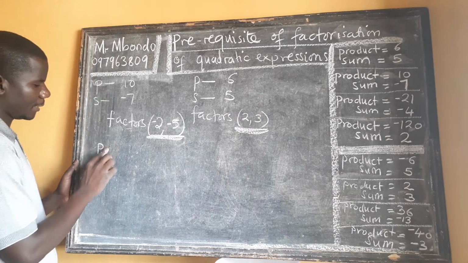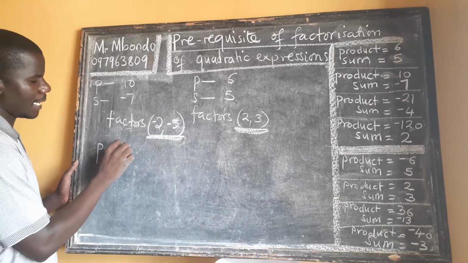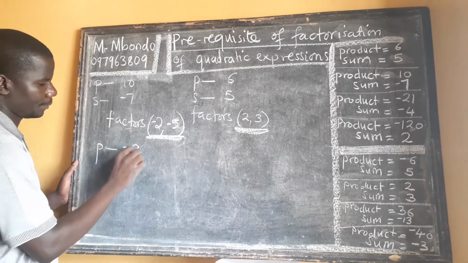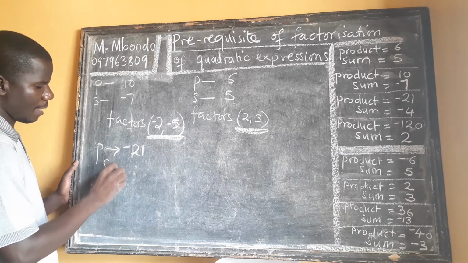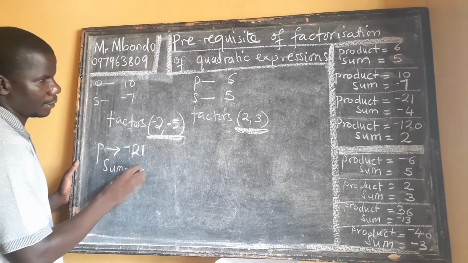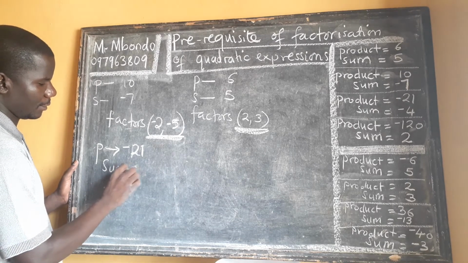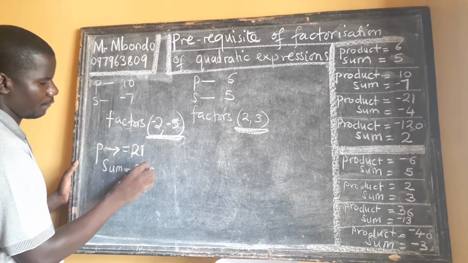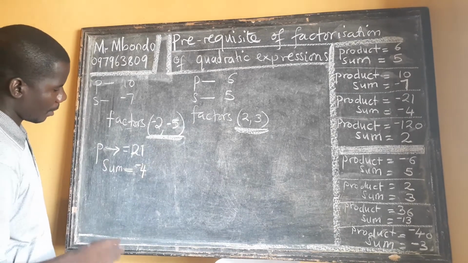The product, which is P here, is negative 21. The sum is negative 4. Okay?